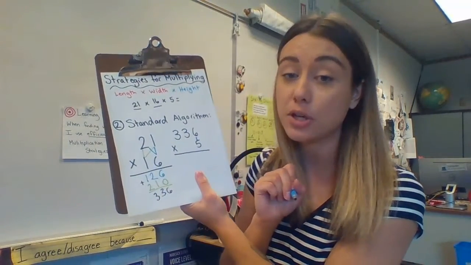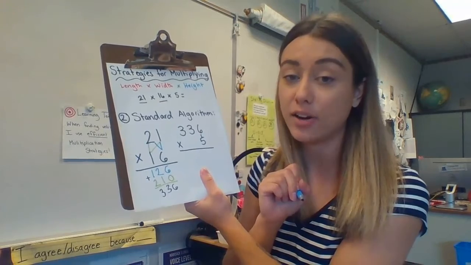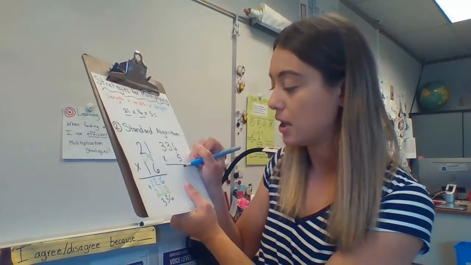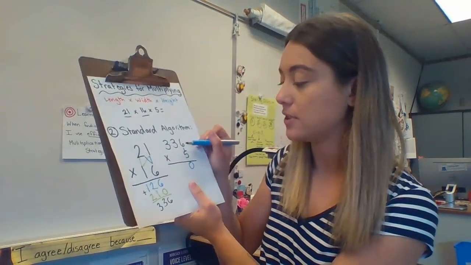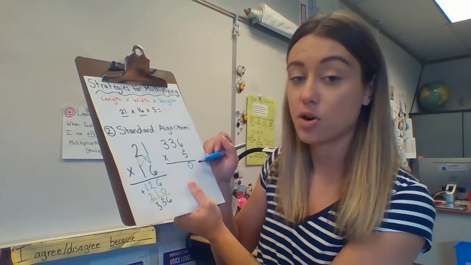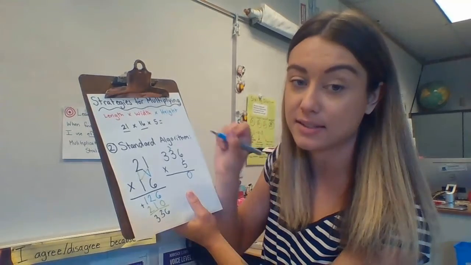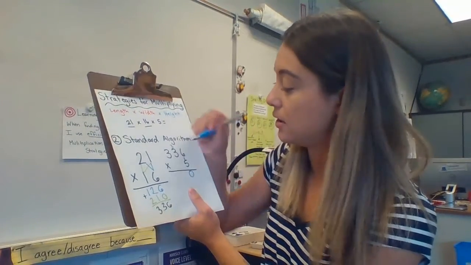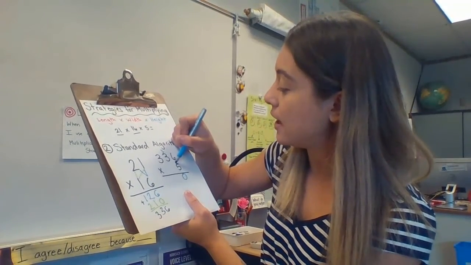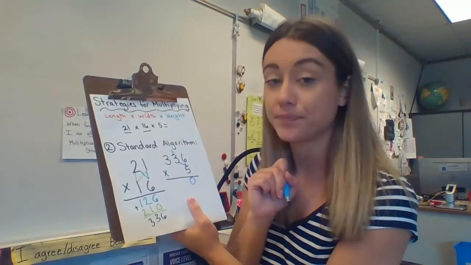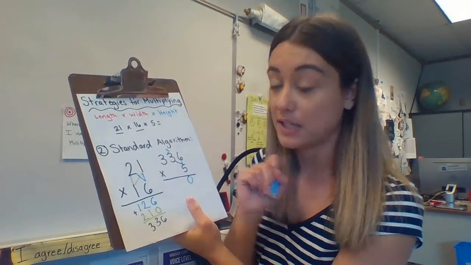Now remember, friends, when you have numbers like this, you have to carry the tens or the hundreds, and you put the ones down here. 5 times 6 is 30. 0 goes down here, and you carry the 3 tens. That is 3 tens. That's 30. 5 times 30 is 150.